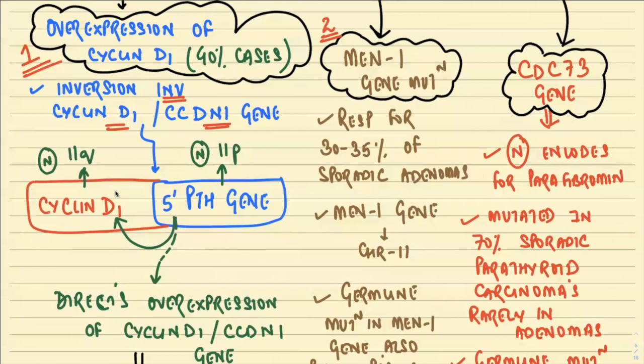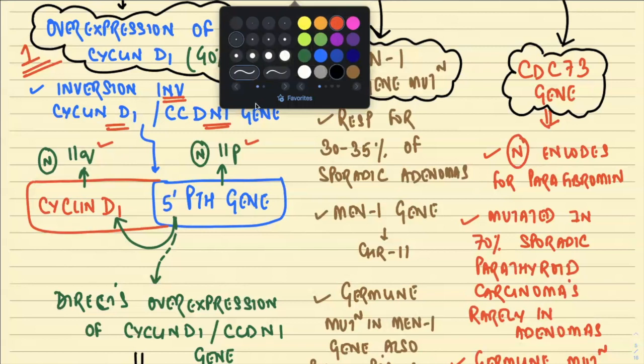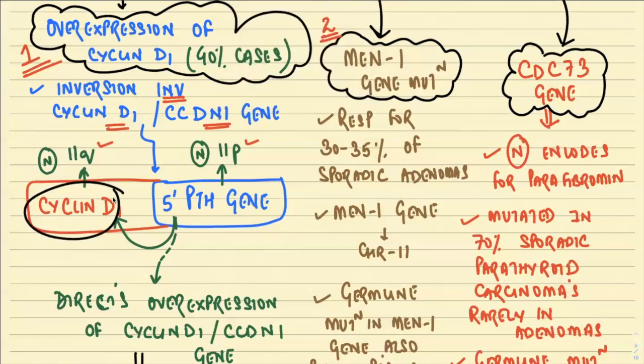Normally the cyclin D1 gene is present in chromosome 11q, and the normal parathormone gene is present in chromosome 11p. Now you have to understand that there is an inversion which brings this particular cyclin D1 very close to the 5' region of the parathormone gene.